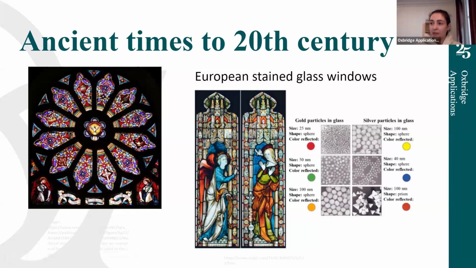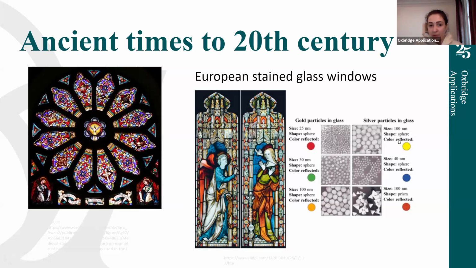In this case, the vibrant colors come from nanoscale metal particles within a glass matrix. The interaction between light and the nanoparticles creates these amazing colors. As you can see on the image on the right, we have gold particles and silver particles in glass.